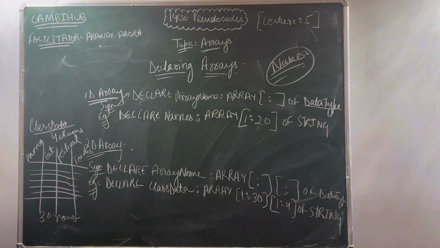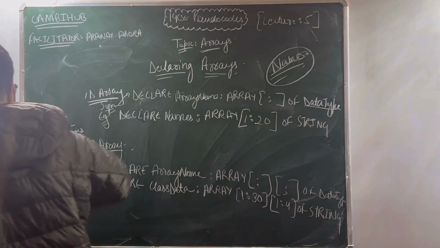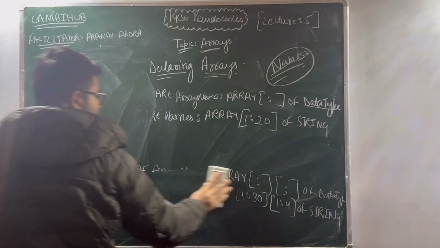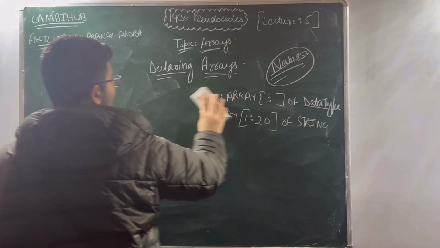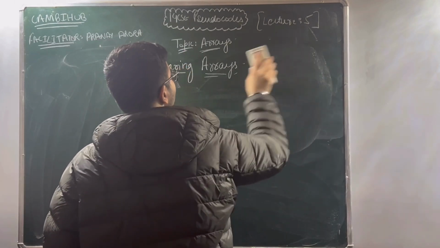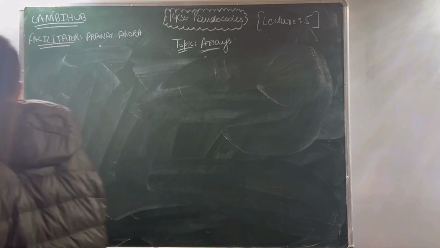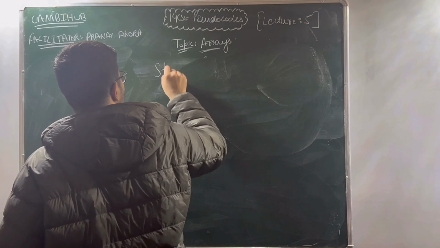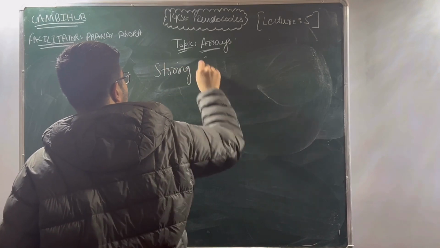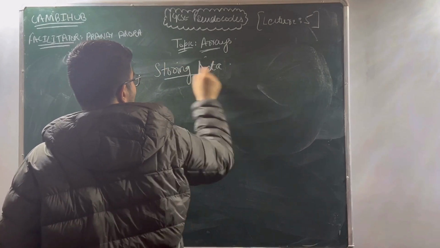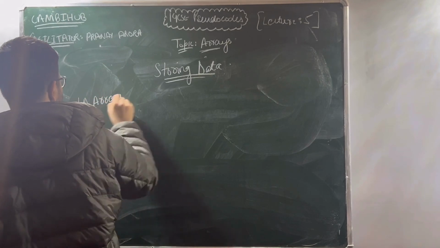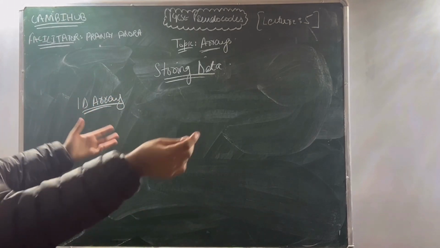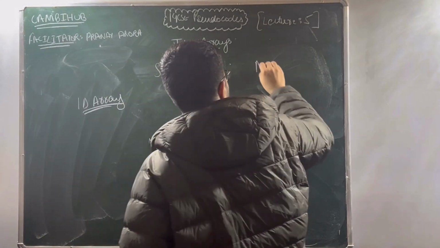To fill data in an array, let's see how we do that. We simply use the concept of index that we just studied. The title will be storing data. Let's see for a 1D array. How do you store data for a 1D array? Suppose my array name is names.